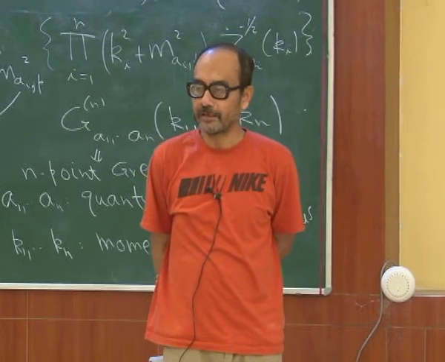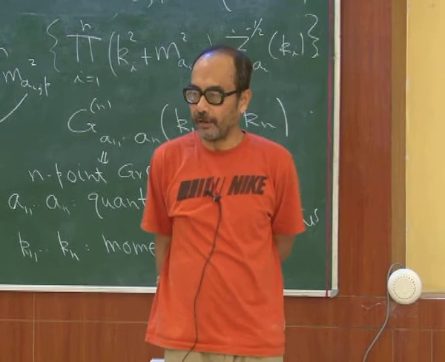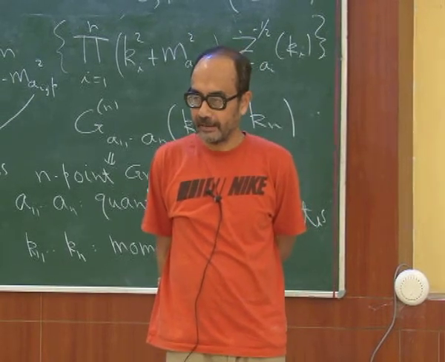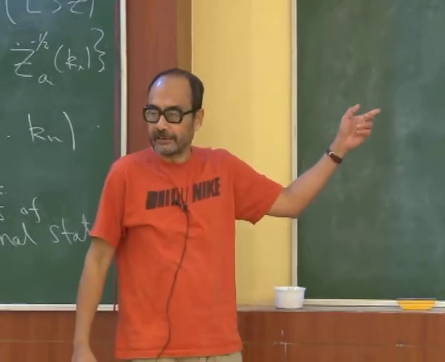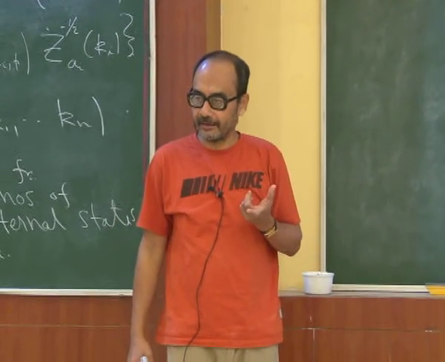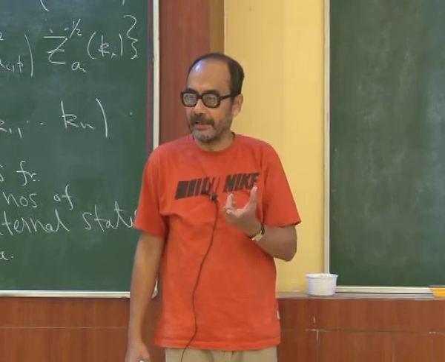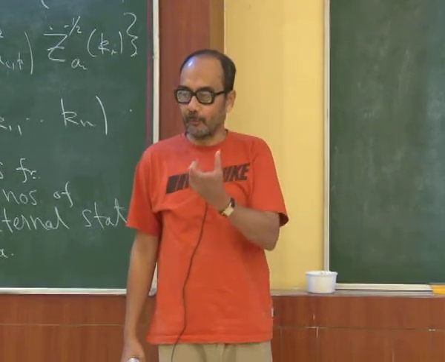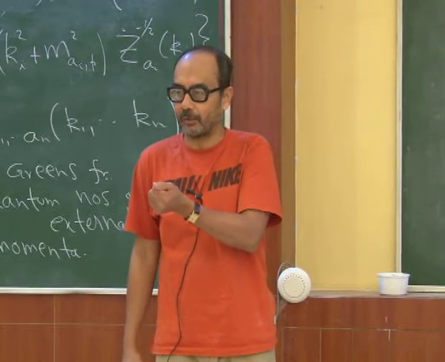Well, the 2-point function on the sphere, first of all, is not even well defined. To compute the 2-point function on the torus, if you want to use this formula, you need the 2-point function off shell, but the Polyakov amplitude only tells you how to compute the on shell 2-point function. You can compute a 2-point function, but only when k square is set equal to minus m i square.